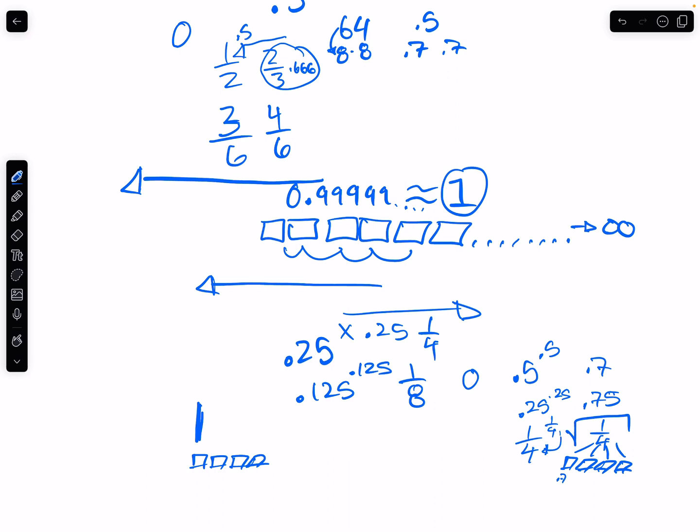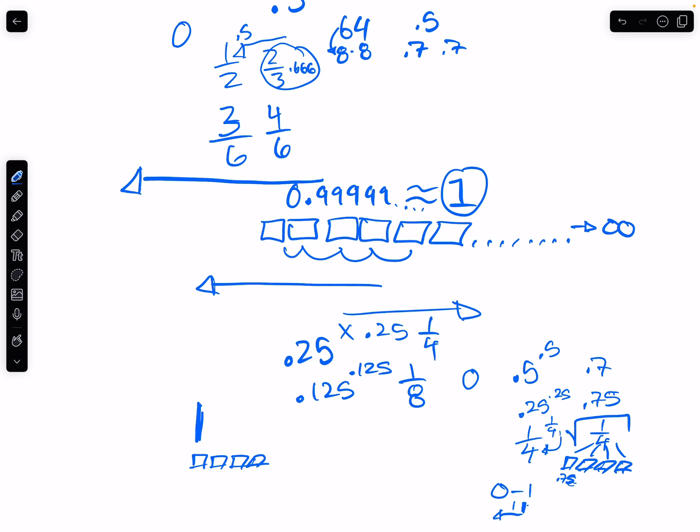It's like, well, 0.75, because each time it's going to get smaller, so we got to start at a somewhat larger number between 0 and 1, right? Like 0.75 is bigger than 0.5. And as 0.75 multiplies on itself, it's going to be moving to the left towards 0.